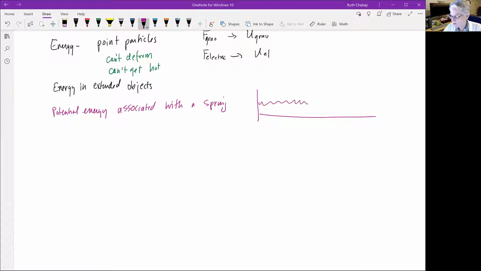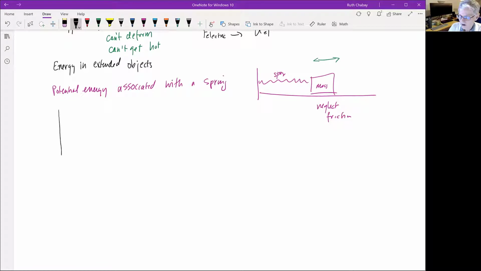So here's our spring, there's a mass, negligible friction. So this thing can oscillate, slide back and forth, stretching and compressing the spring. Okay, so it can go back and forth like that.